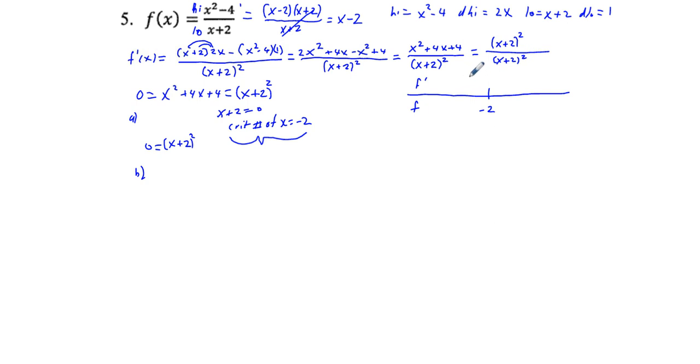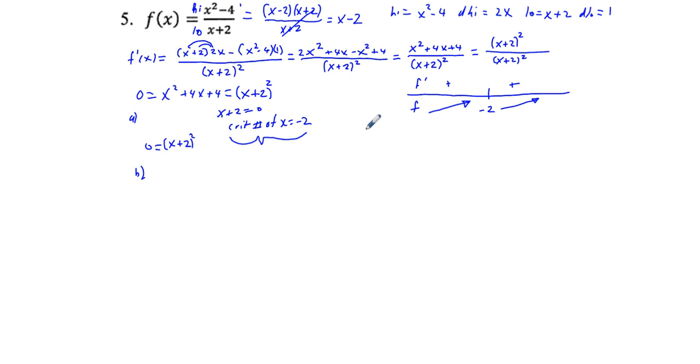So you can take a number less than negative 2. These things are always going to be positive, or potentially 0. And so we're going to be positive, so we're going to be increasing. And then greater than negative 2, we're still going to be positive, so we'll be increasing all throughout, except where x equals negative 2.